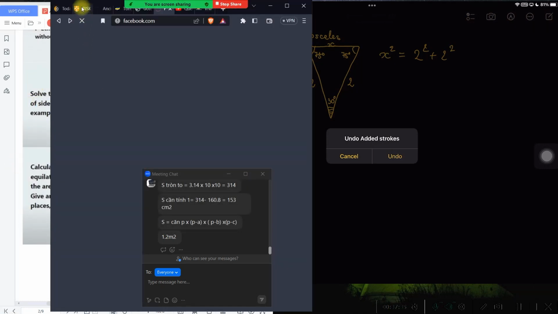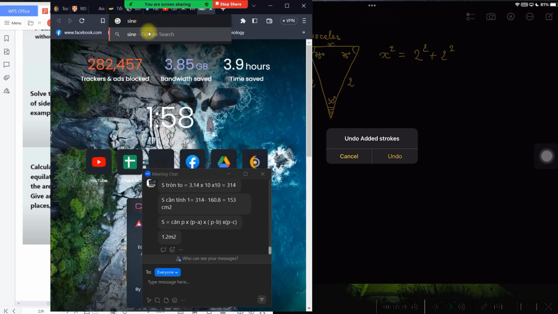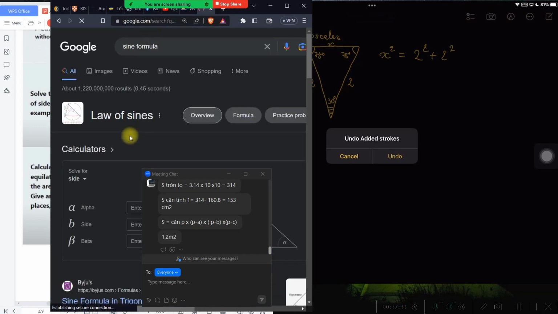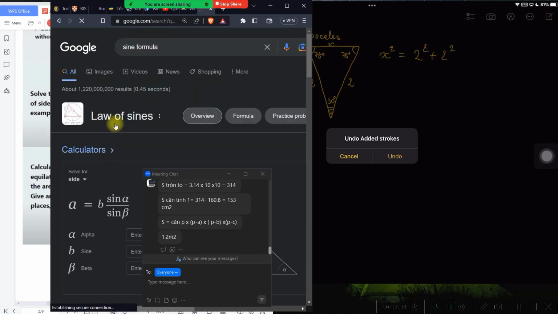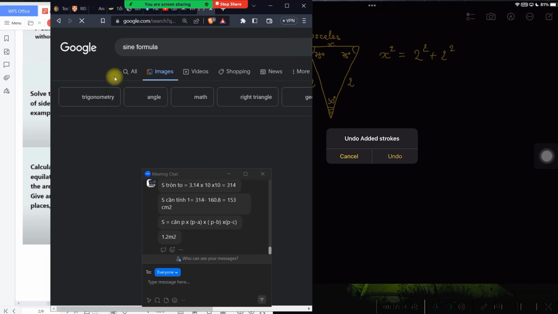There has to be a sine formula. Yeah, law of sine. Is it sine or cosine? I forgot.